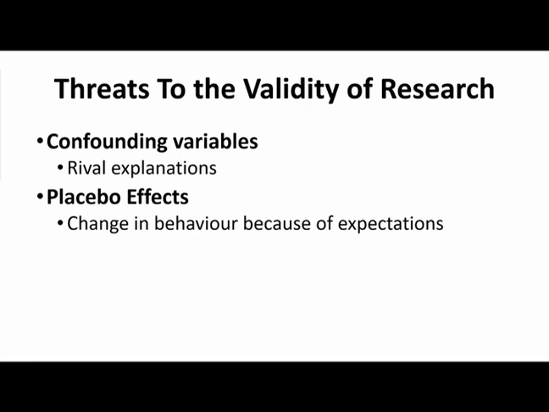So that feeling better, because you expect to feel better, is a placebo effect. And that same thing happens in psychological research all the time. It also happens in medical research, all kinds of research. So you have to watch out for the expectations of the participants in the research.